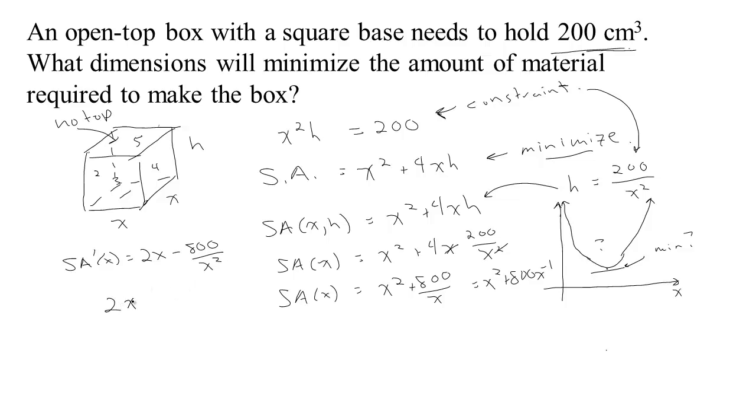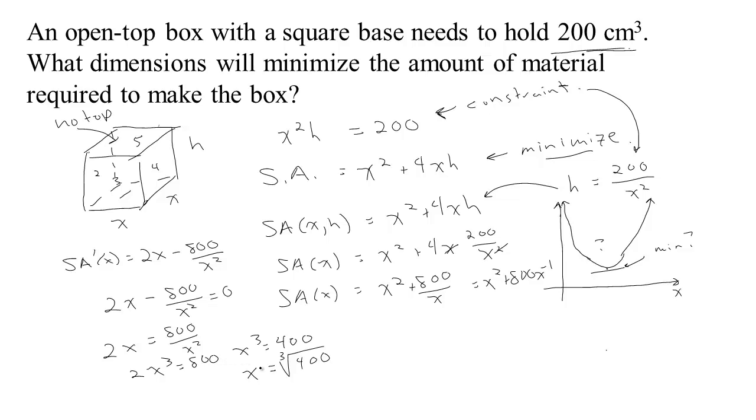Looking for places where the derivative is equal to 0, we set that derivative equal to 0, and we get 2x equals 800 over x squared, or if we multiply by x squared, 2x cubed equals 800, so x cubed equals 400. So x would be the cube root of 400.